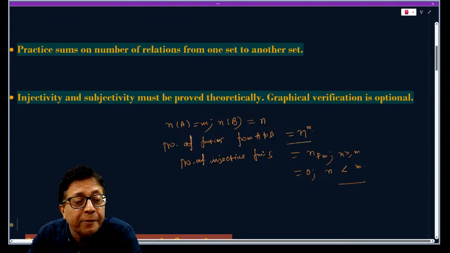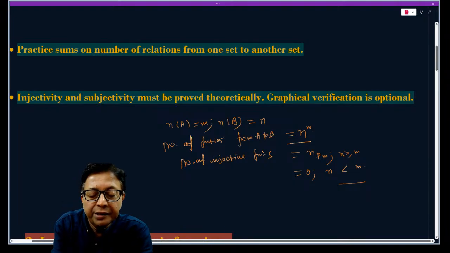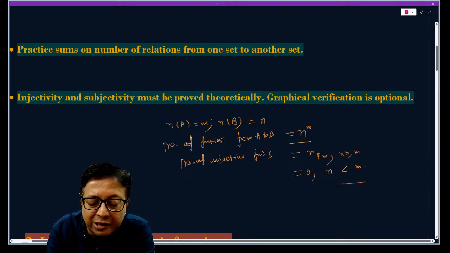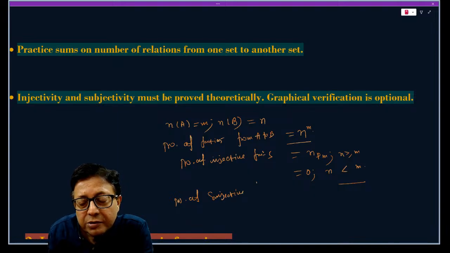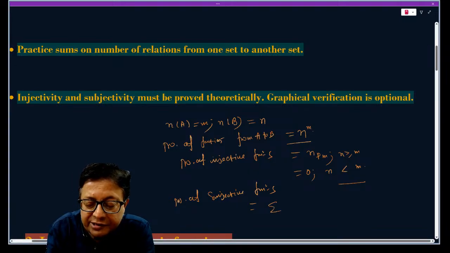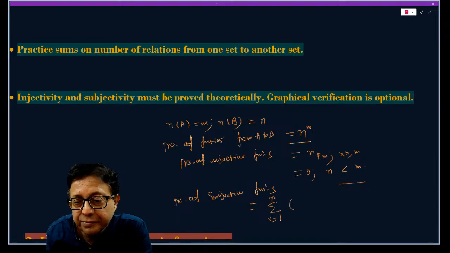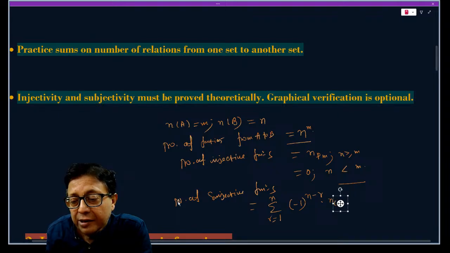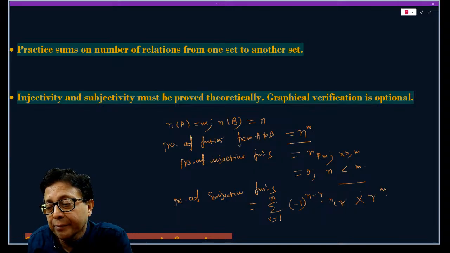Number of surjective functions, normally they don't ask, but if they ask you, then it's better you remember this one as a formula. The number of surjective functions is equal to sigma r equal to 1 to n, minus 1 to the power n minus r, nCr, multiplied by r to the power m.